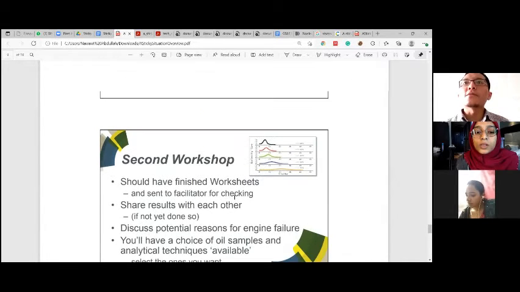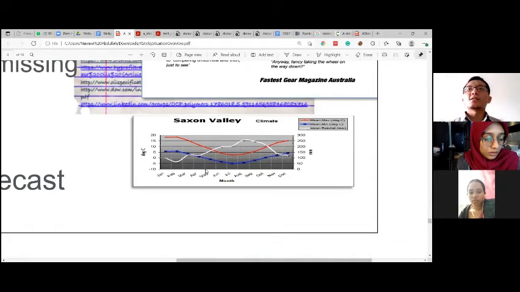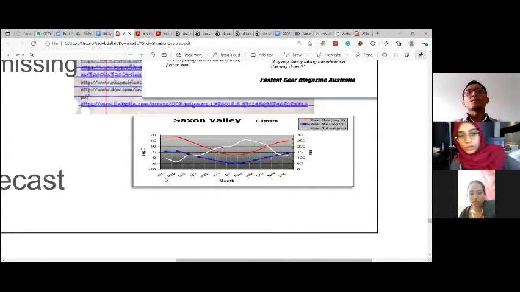Yes, because if you see here, there are temperature changes in Sat Sang Valley lah, where the incident happened. In September, it's actually among the lowest temperatures. So the data is here already, but of course we need to find a better reference.